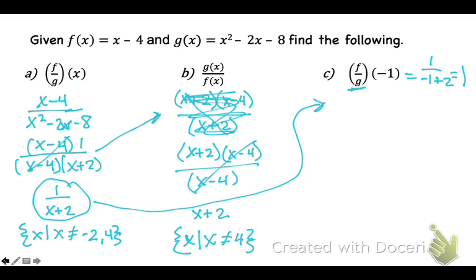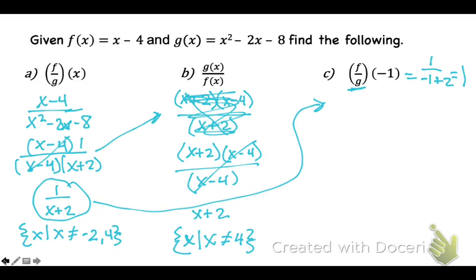Okay, when they throw in this, A and B is performing function operations. You're simplifying your answers. C, you are evaluating. What is the difference between simplifying and evaluating?